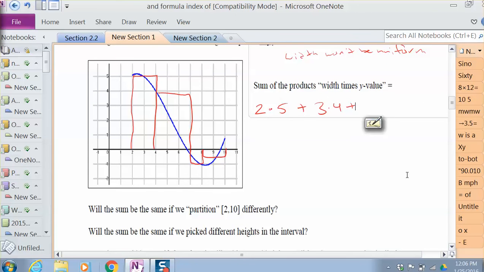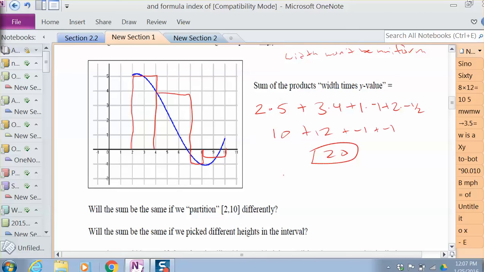And then my next width is 1, and I made my height of my rectangle 1. And then lastly, actually it should be -1, my bad, because it's pointing down. Next width is 2, and I made the height -½, so it's just 10 plus 12 plus -1 plus -1, so you get 20. So that's a potential Riemann sum.